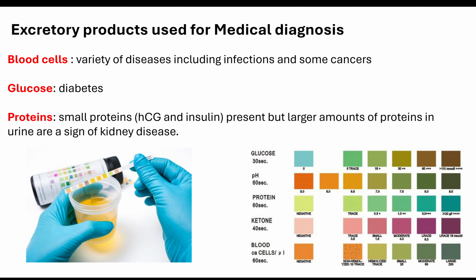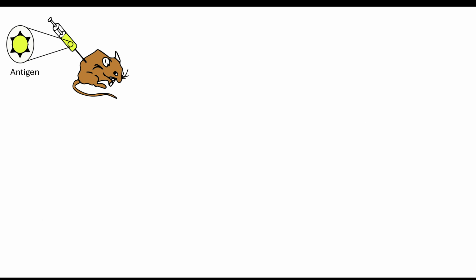What I want to focus on right now is how we can actually use urine to test for a pregnancy. But to understand that, we have to take a step back and look at module 4. We have to understand that antigens are specific to the antibody that is going to complement them. And because we understand that, we've managed to make what's known as monoclonal antibodies.